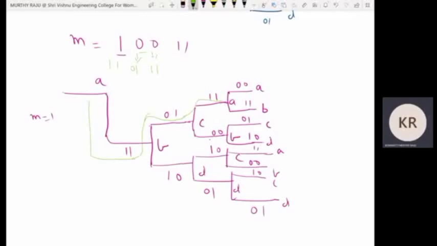Next bit is 1 means downward direction, with output C to A 1 1. That means the output is 1 0 1 1 1.